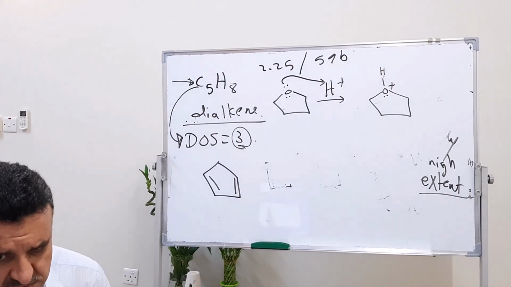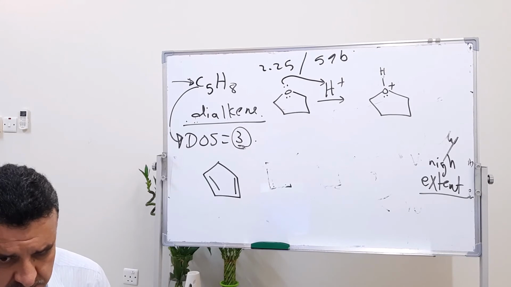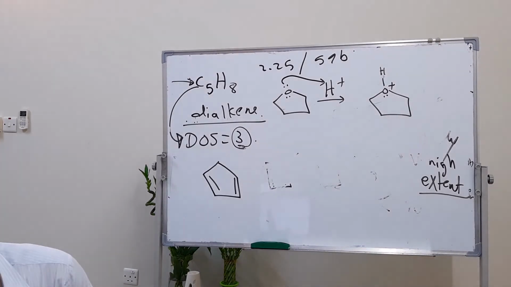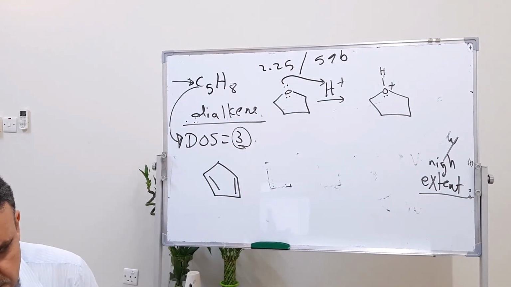Just fall 2017. Test fall 2017. Question C, the hybridization. Question 2, C, the hybridization. Question 2.